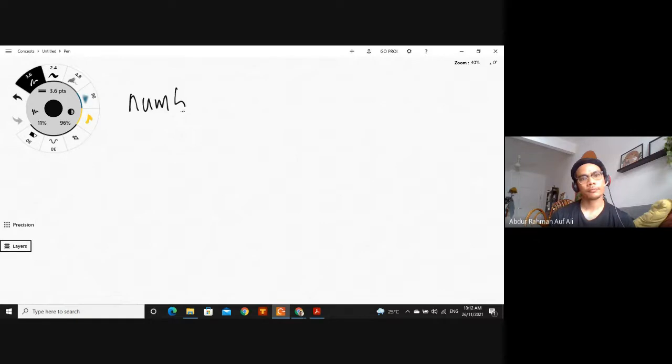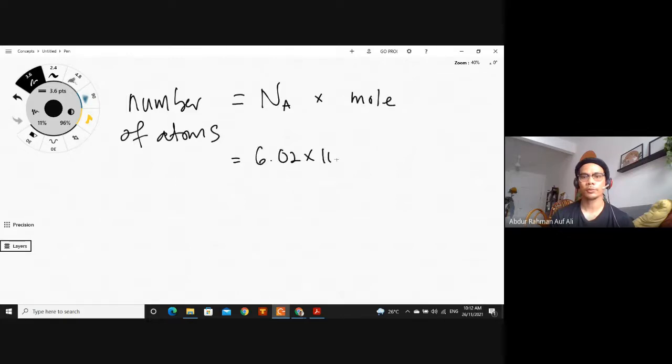Number of atoms equals to the Avogadro constant, the Avogadro number tadi, darab dengan mole. Okay, basically mean 6.02 darab 10 kuasa 23 darab dengan whatever mole it has. So kita dapat bilangan. Kita boleh calculate bilangan mole using this formula. So kalau kita nak tahu bilangan mole of something, katakanlah I have 1 mole of carbon.